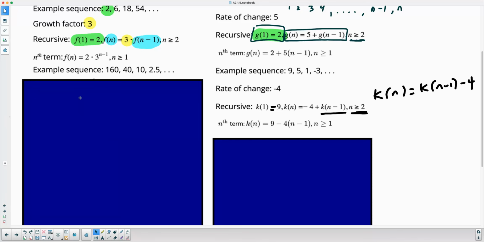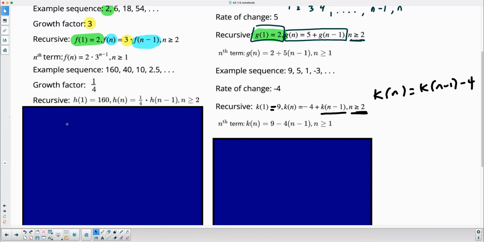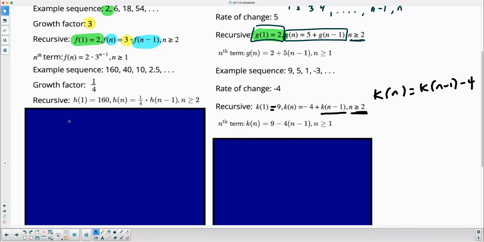You can see you're multiplying by 1/4. Here's my first term, right there is 160. And then you take the previous term. So to find h of n, we take the previous term and we times it by 1/4.